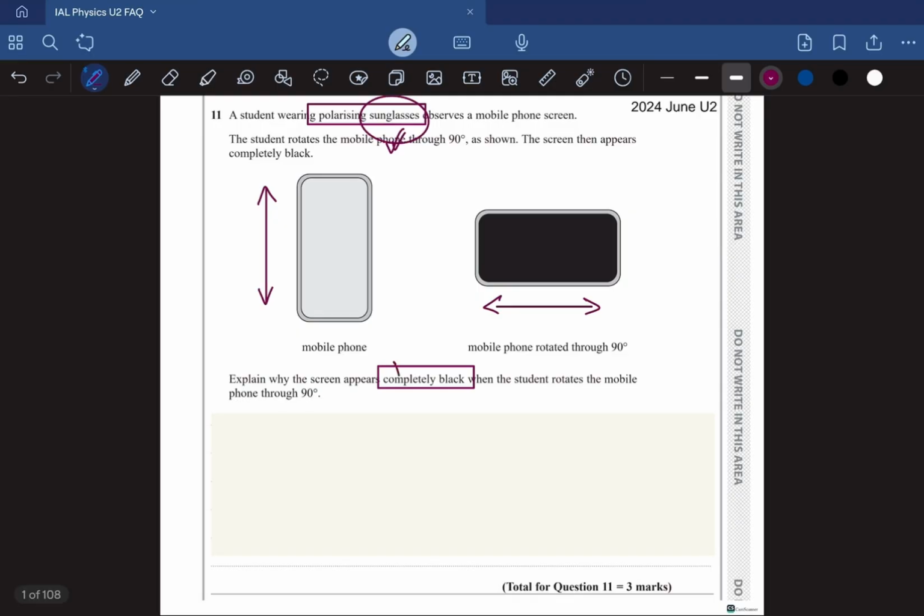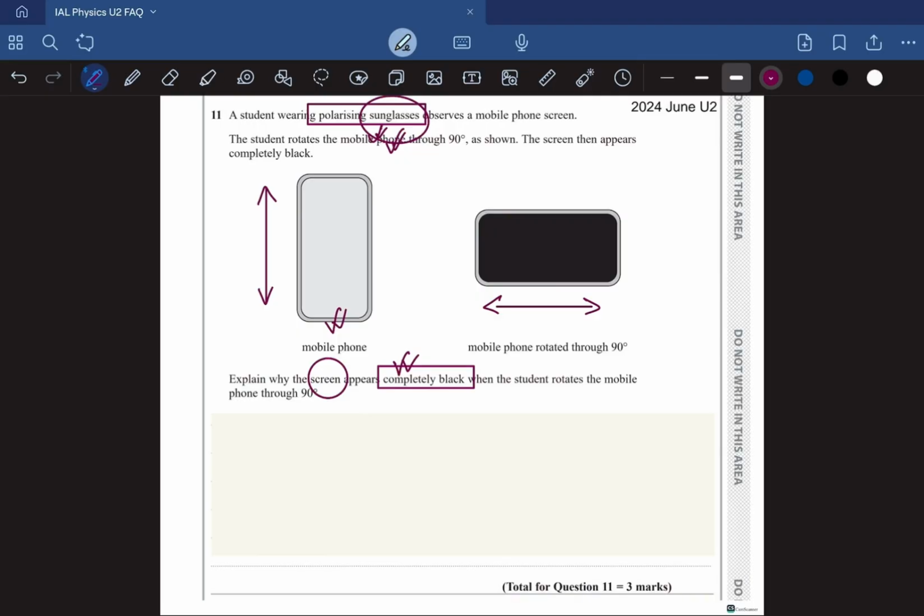And when is the light completely absorbed and no more light passes through the glass? We will see the screen appear bright only when the plane of polarization of the light and the plane of polarization of the sunglass are in the same direction.